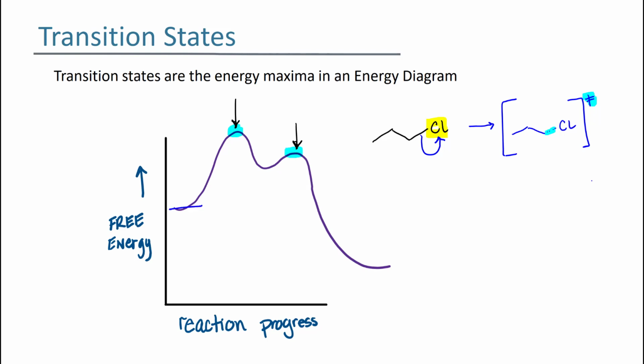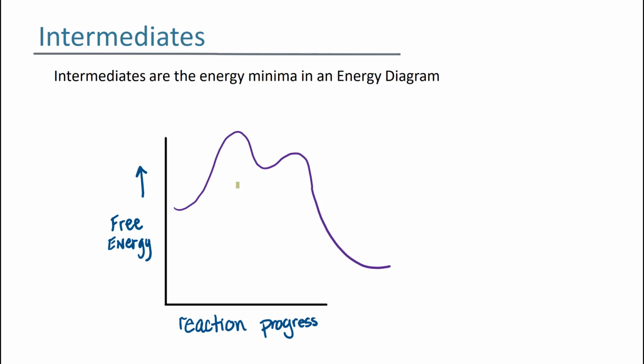Remember, we said that here was your reactants, here's your products, or product, doesn't matter. So what's in the middle right here that I just highlighted in yellow? Well, let's look at that next. That little valley is called an intermediate.